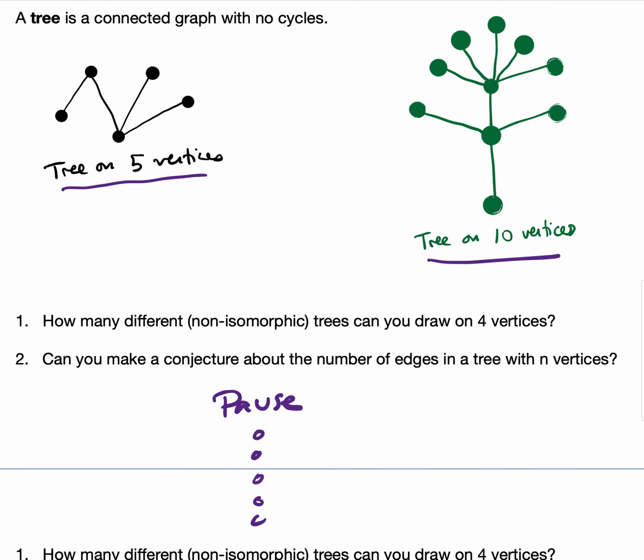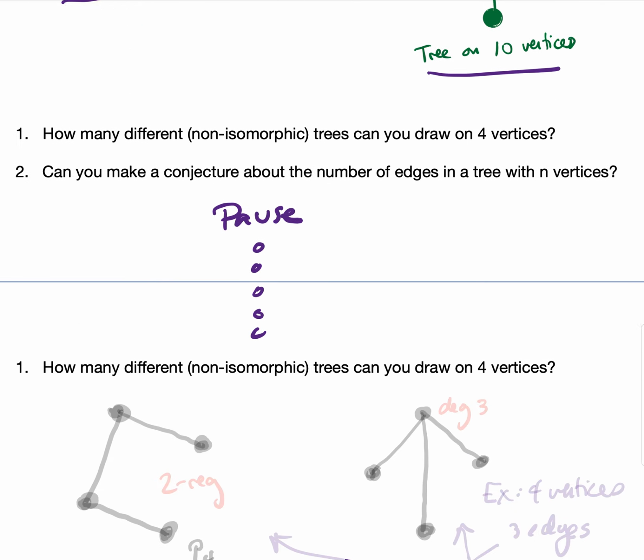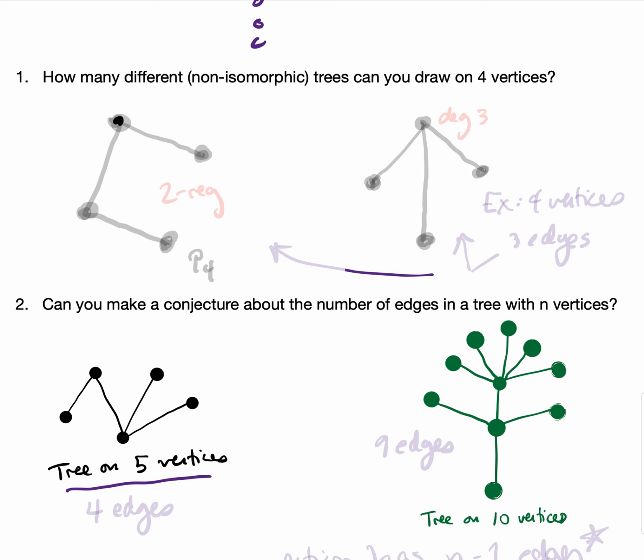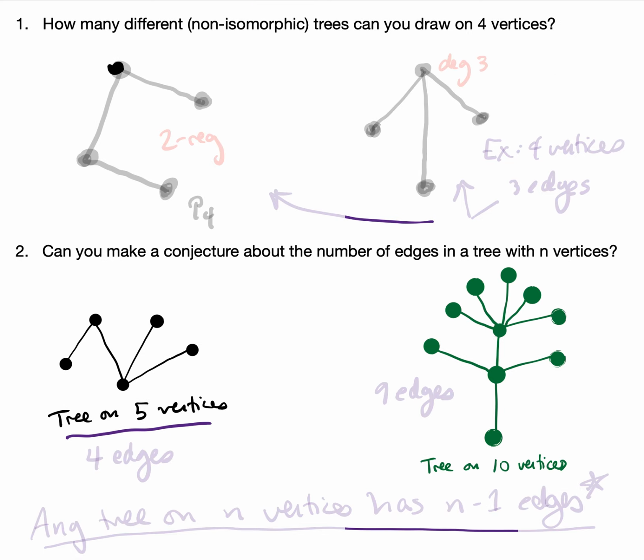Okay, so how many different non-isomorphic trees could you draw on 4 vertices? Well, okay, 1, 2, 3, 4. One option is just to make a path through those vertices. So that would be 1 tree on 4 vertices. It happens to also be P sub 4.